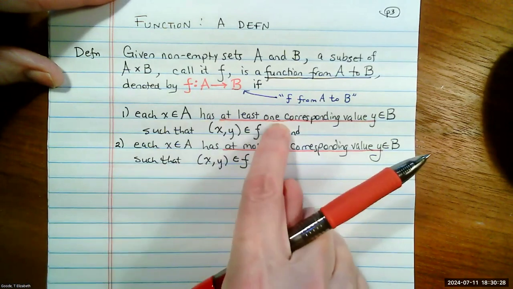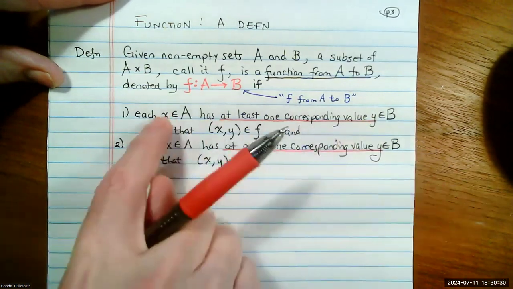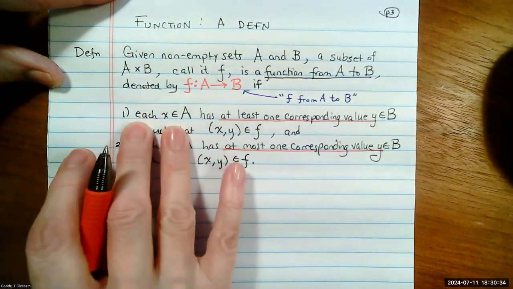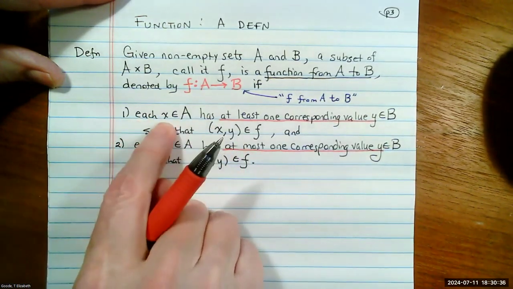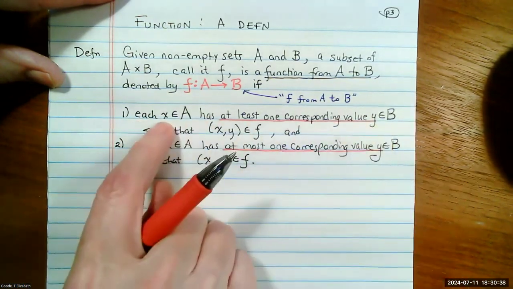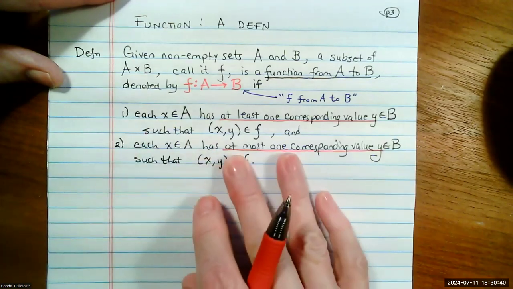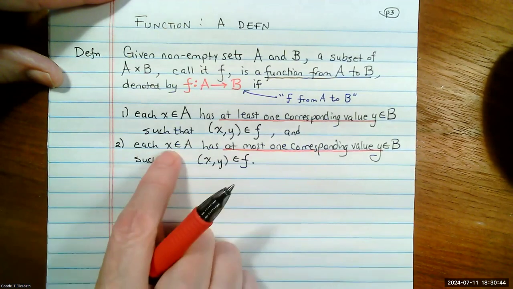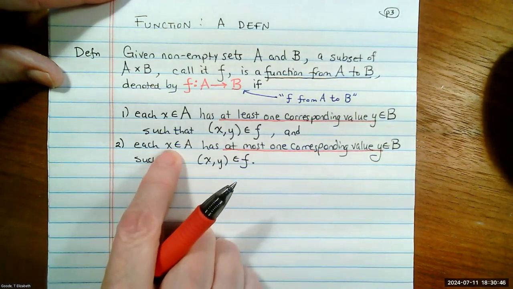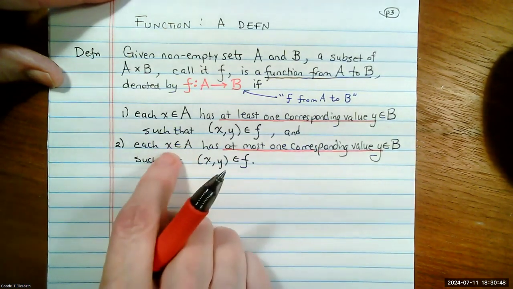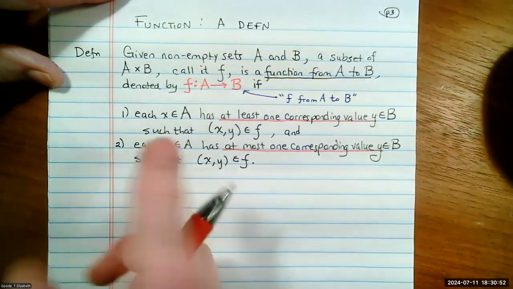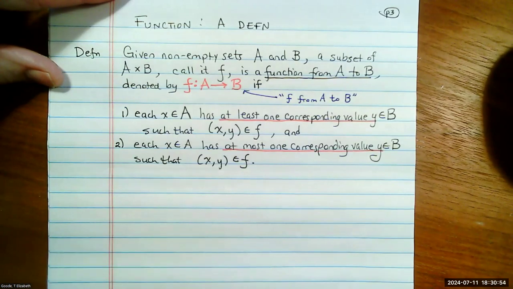The existence of at least one Y for X is called the existence clause. There does exist a Y that pairs up with X. The at most one corresponding value Y for X is the uniqueness clause. The corresponding Y is unique for X. Okay?